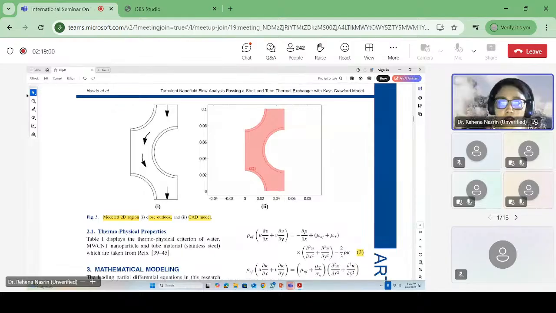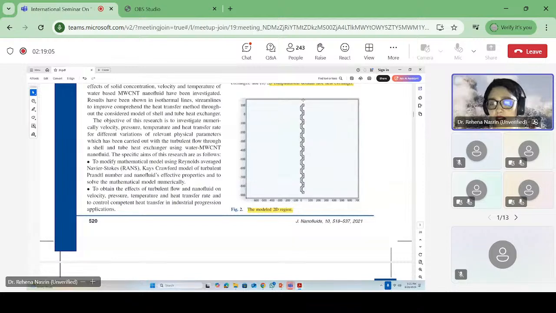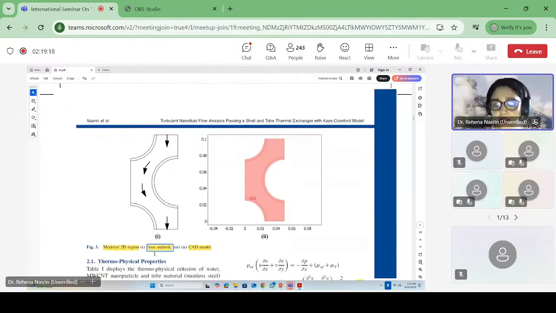For computation, to reduce computational cost and time, here you see this is 1000 millimeter scaling, but we take just one part only to reduce computational time and cost. So this is the computational domain.